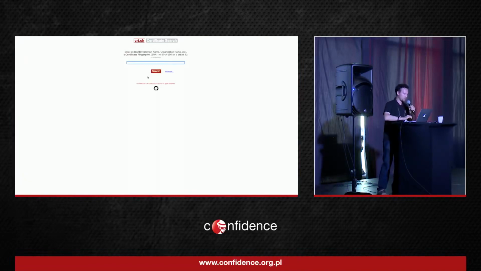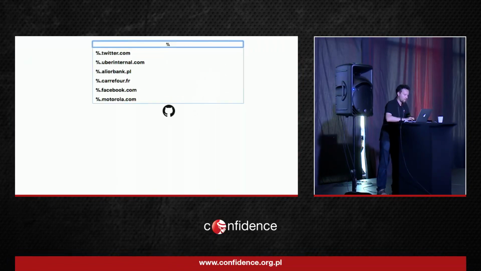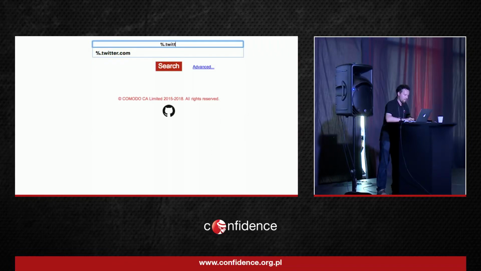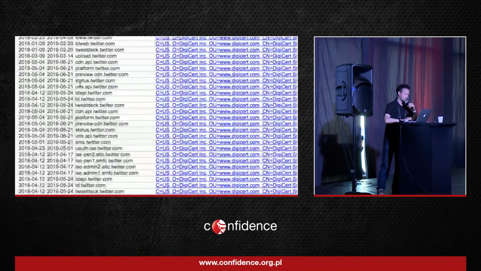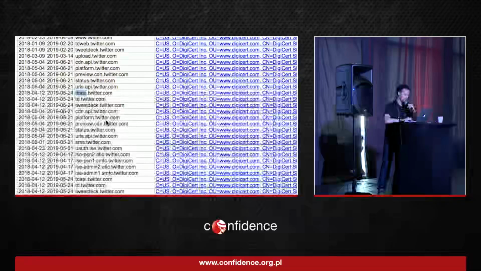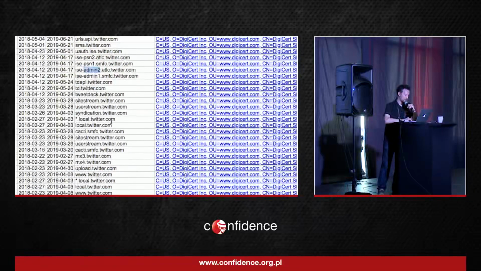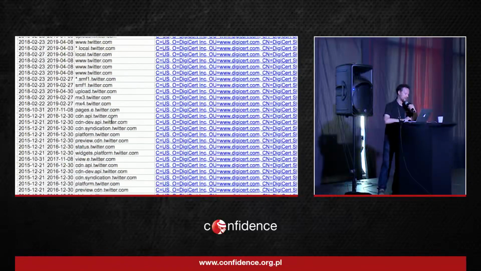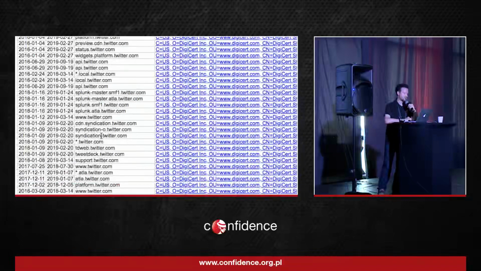Let's try Twitter, for example. As you can see, you will see different URLs like an API, a couple of admin domains maybe, development domains, staging domains, something like this. Good stuff for reconnaissance. This is the first thing.